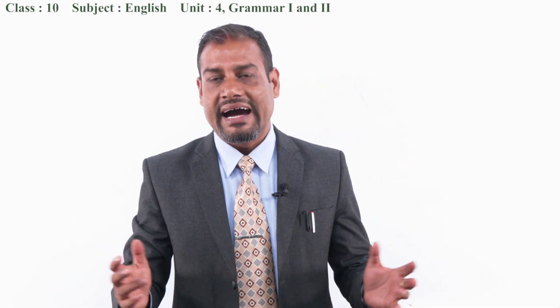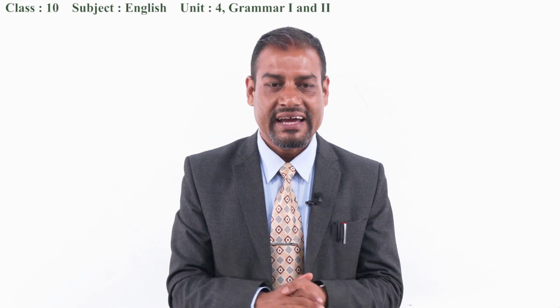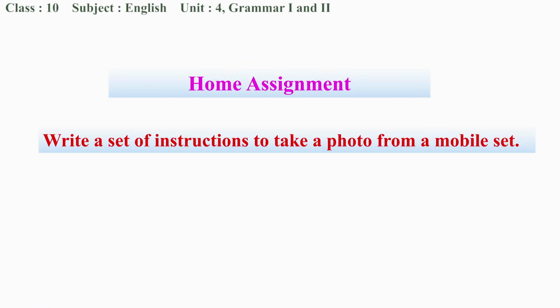Good. If so, I have a task again for you, but that is your homework, home assignment, okay? Can you guess what it is? Yes, you are right. Write a set of instructions to take a photo from a mobile set. Dear students, while you are writing a set of instructions, you have to be very careful. You have to write the instructions starting with the verb, which means you have to write imperative sentences.